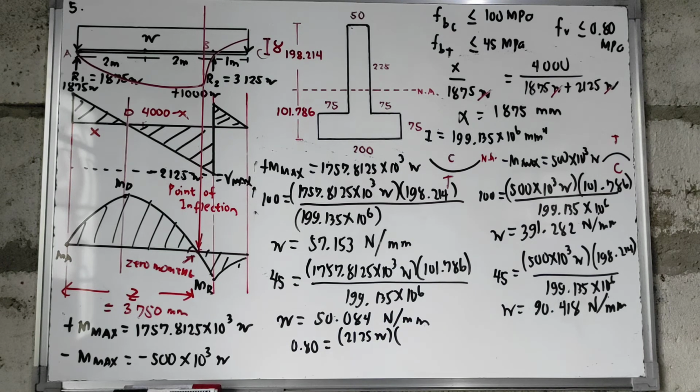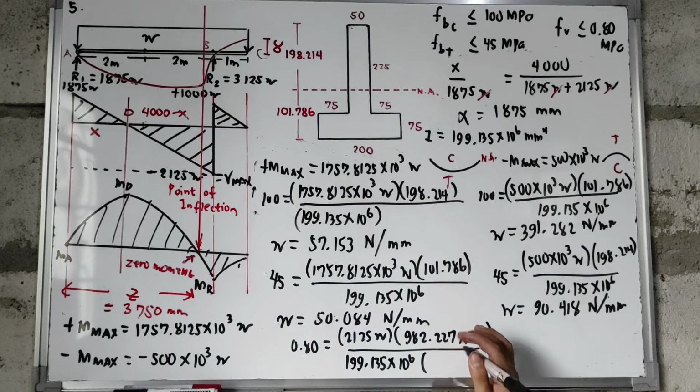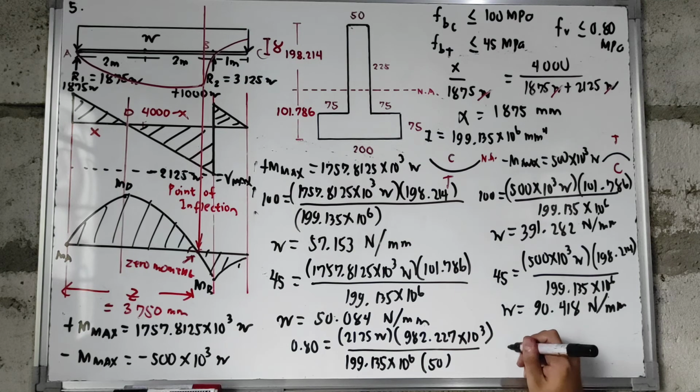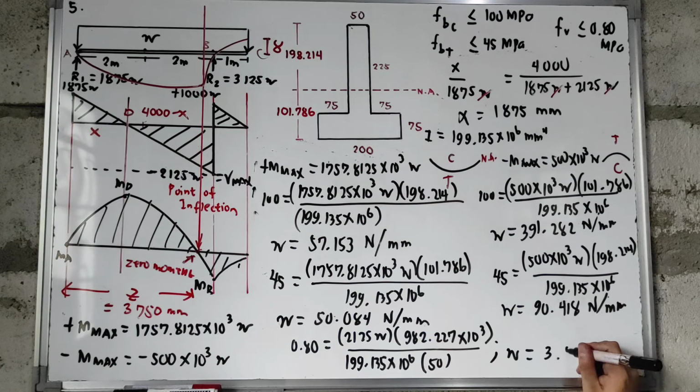The value of your Q, in-adapt lang natin sa mga previous problems natin na 982.227 times 10 raised to 3 all over yung I natin, 199.135 times 10 raised to 6, and the value of your B na dinaanan ng neutral axis natin is equal to 50. So the value of your W here is now equal to 3.816 Newton per mm.